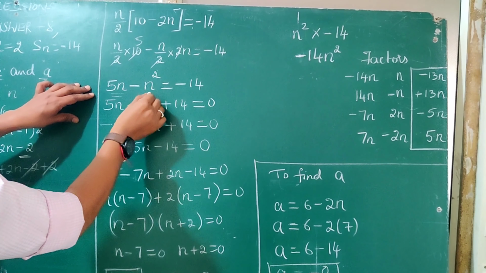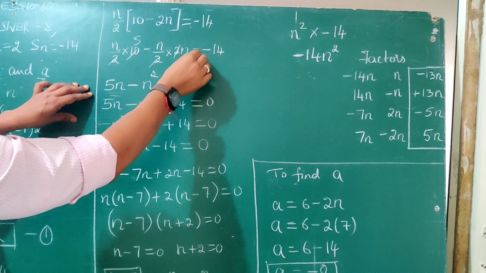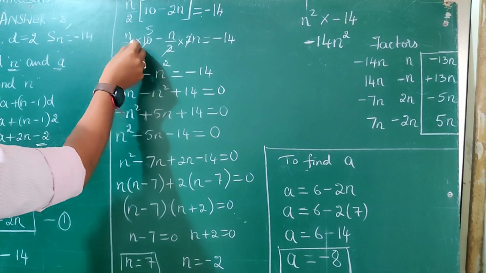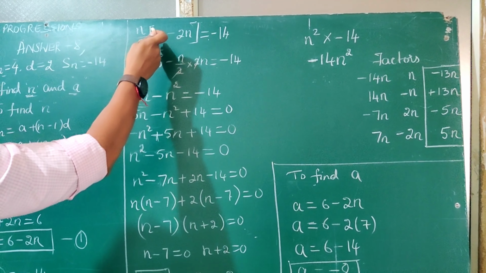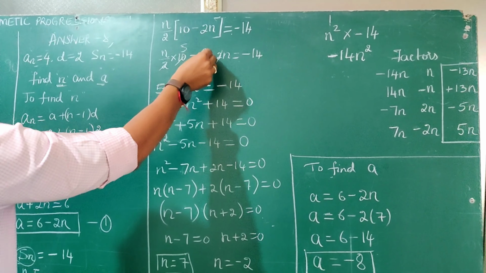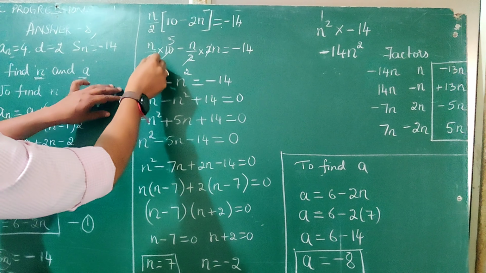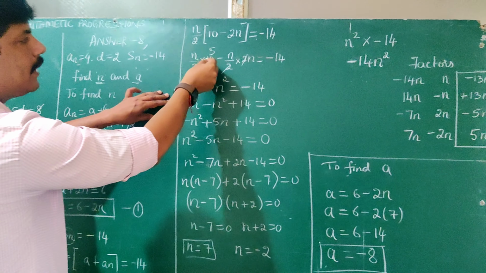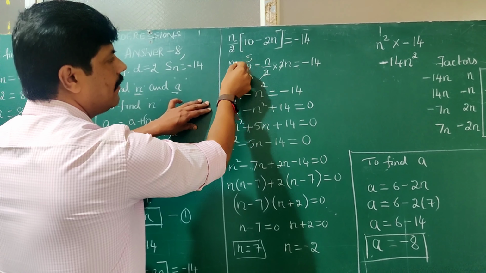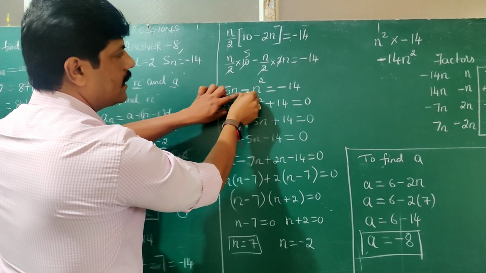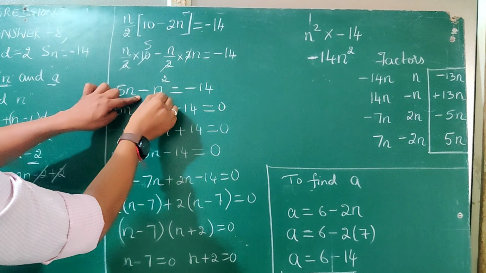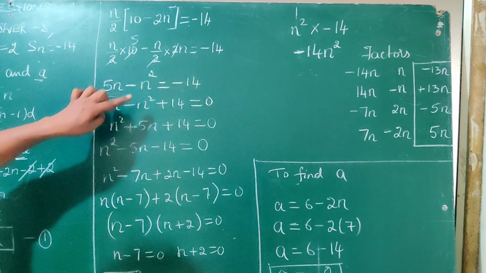N into n, n square, minus n square remains as it is, equal to minus 14.